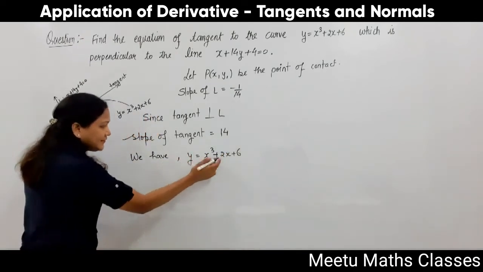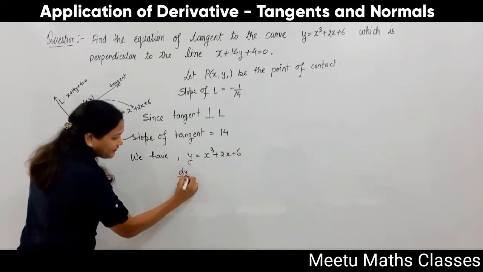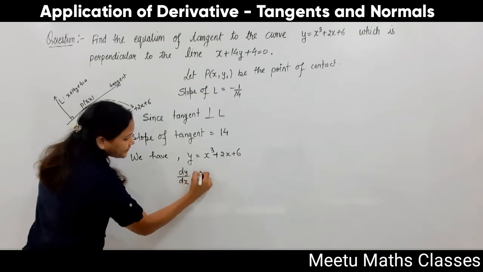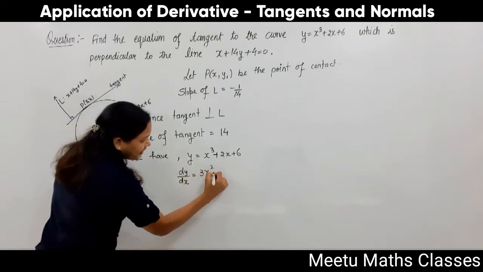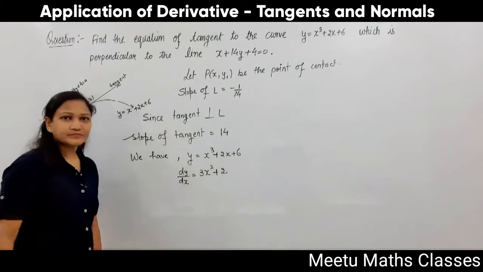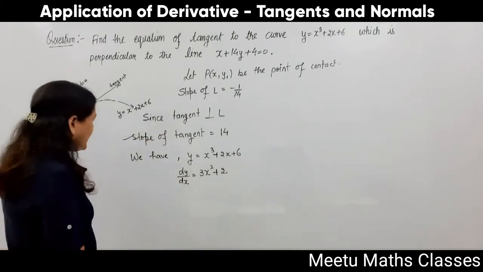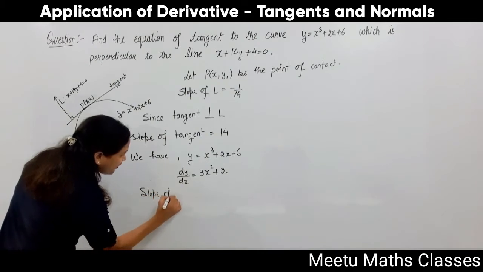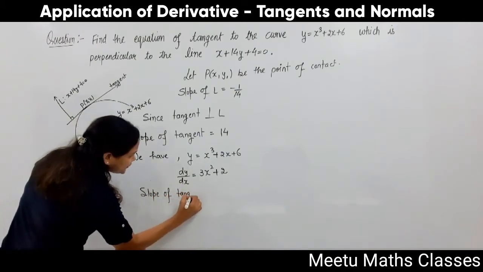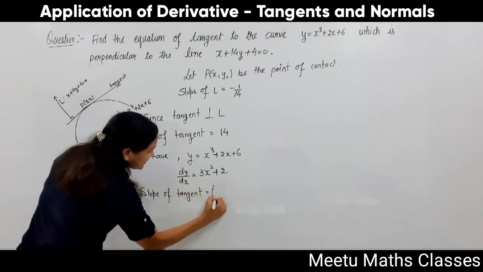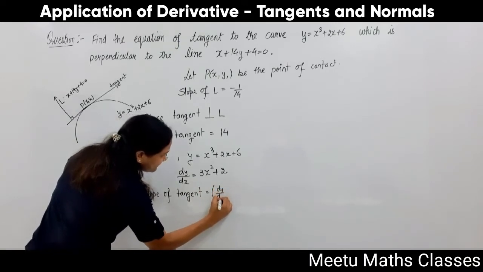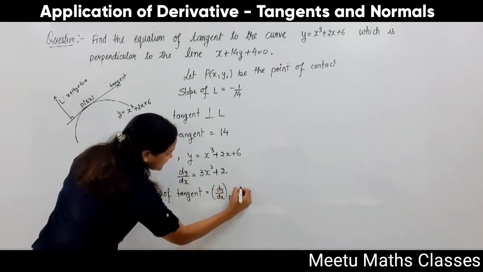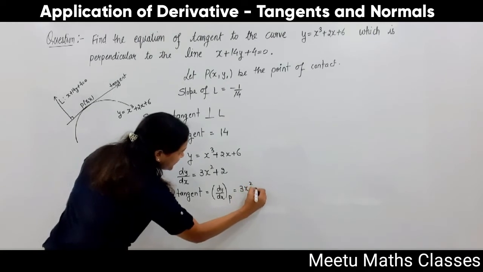Now differentiating y with respect to x, we get dy by dx equals 3x square plus 2. Now the slope of tangent will be equal to the derivative at P, and that is equal to 3x1 square plus 2.